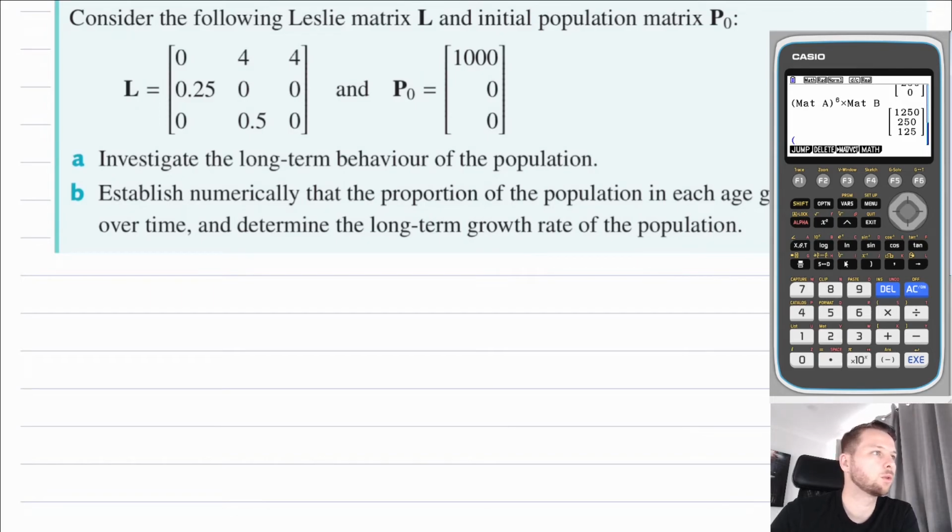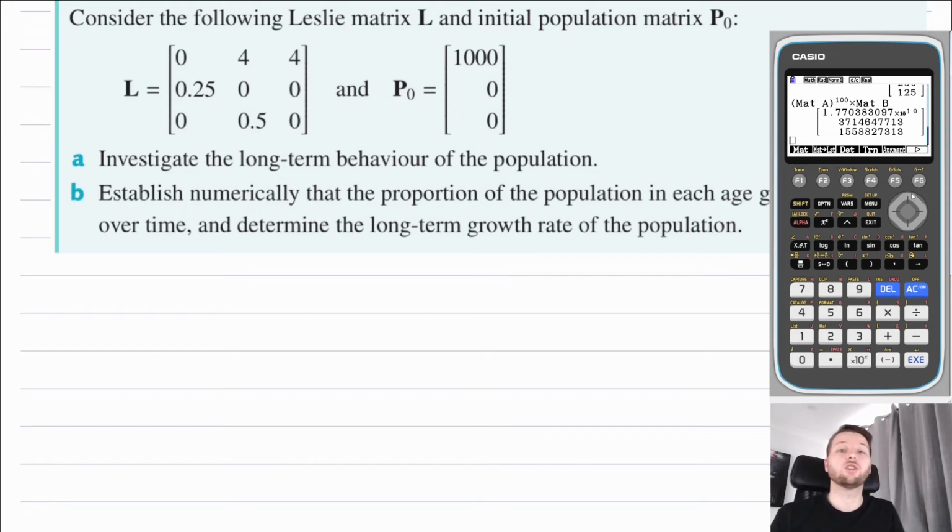And we could also chuck in a big number. Options, matrix. Matrix A to the power of, let's put in, say, 100. And then we're going to multiply that by our initial population, matrix B. And there we go.